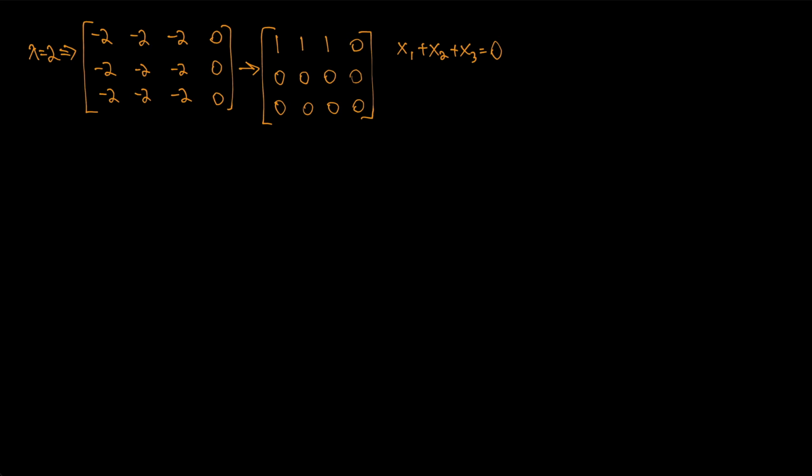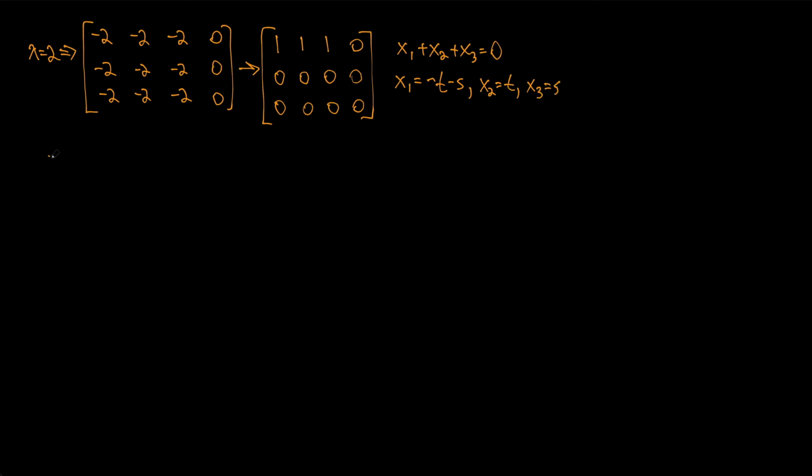So that means that x2 and x3 are my free variables. I'll make those equal to some parameters t and s. So x1 is minus x2 minus x3, so it would be minus t minus s, where x2 can be t and x3 can be s.